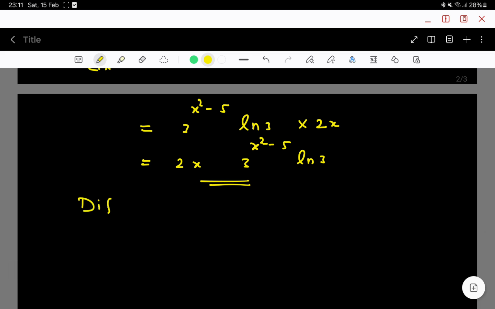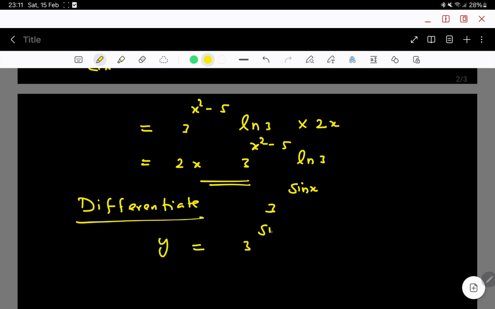Next example, differentiate three power sin x. So in this problem, f of x is sin x. A is 3. So I am taking y is equal to 3 power sin x.